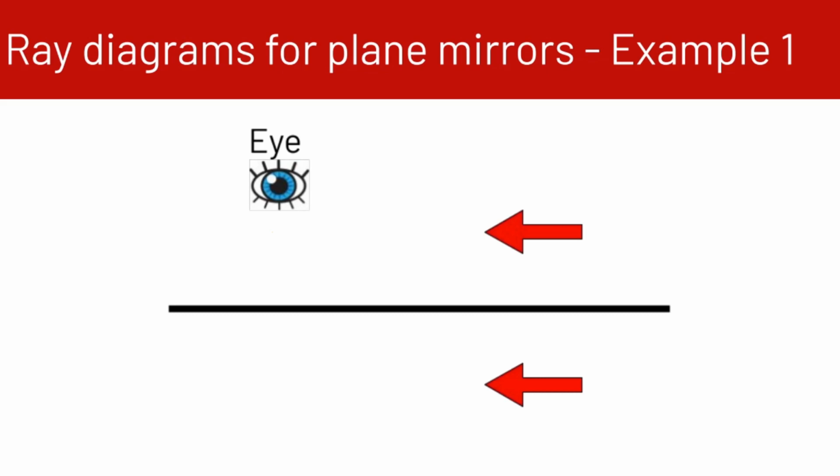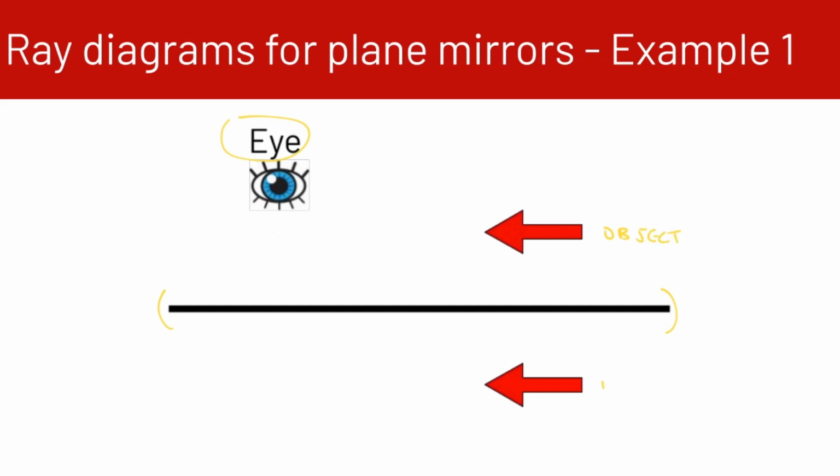So the way we start is we draw a line from the eye to one end of the image. First we start with a mirror. So we have the mirror here. We draw where the eye, or where the person that's seeing is, located. So we have the eye here. We have the object. So we've drawn an object.